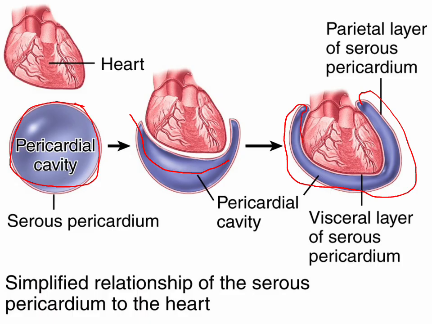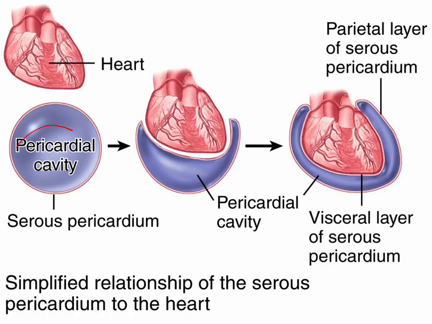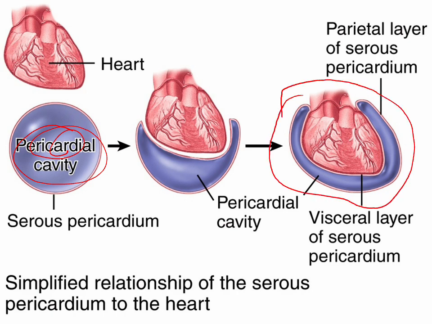The visceral pericardium is going to be the one surrounding this body here, the heart, right? And this space here is the pericardial cavity, and that gives a little bit more perspective. So the pericardium or pericardial sac is that area that is going to engulf the heart. And it looks like this, okay?